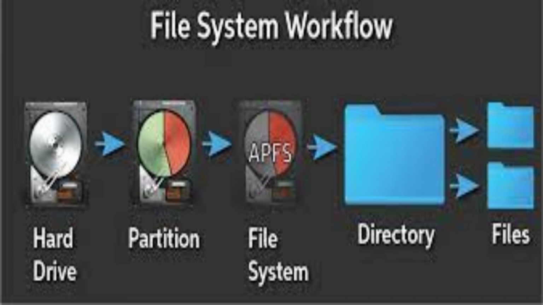The workflow of a file system is: the hard disk is divided into partitions. Then the partitions are formatted into file systems. Then they are divided into directories. Then the directories are allocated as files according to the data's working, data's storage, and data's representation.